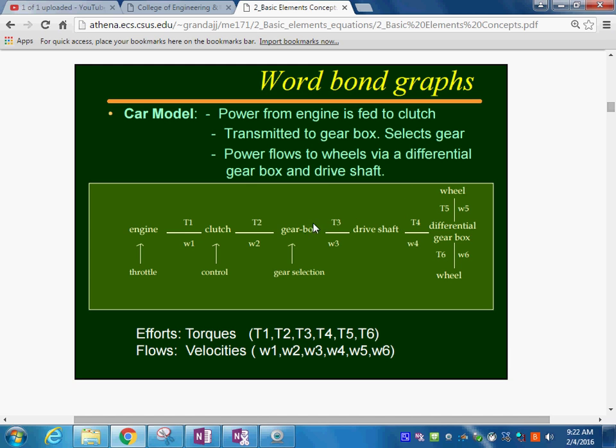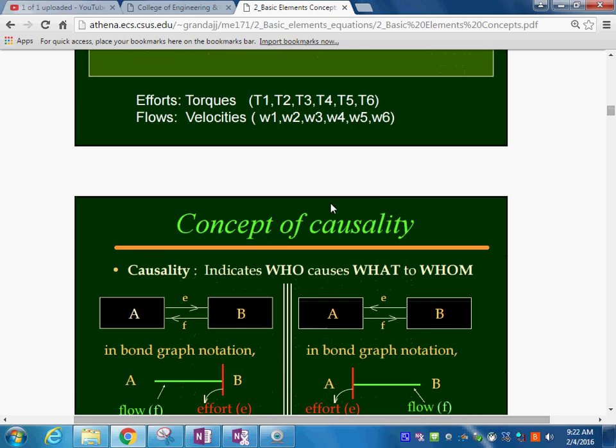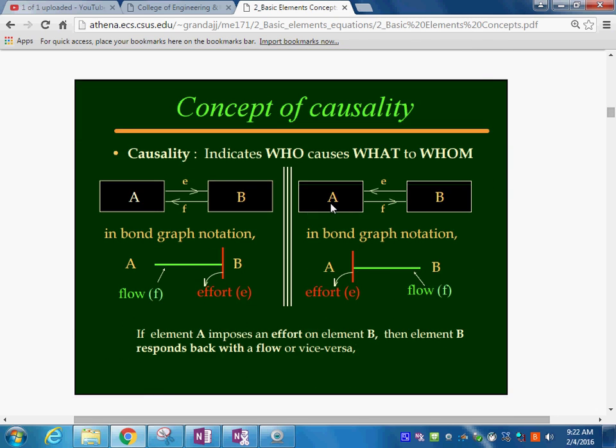So if we can recognize the type of element that each one of these represents, then we can actually make the model of this.